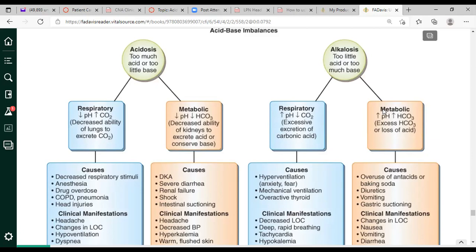We know what patients inspire and what they expire. If your patient cannot expire, what acid-base imbalance are they at risk for? CO2. Respiratory acidosis? Respiratory acidosis is correct. And tell me why it would be respiratory acidosis.